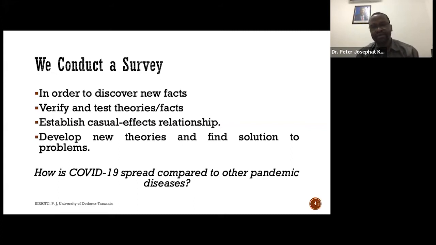It is through conducting a survey. We can have many kinds of surveys on COVID-19, such as on interventions or strategies, but on the other side, we can also have the theoretical part of it. So all of us, across the disciplines, can go for conducting this kind of research.